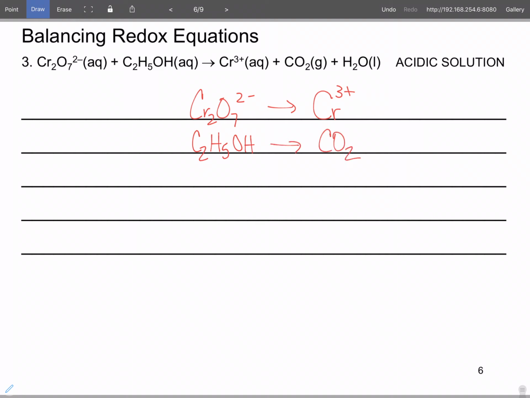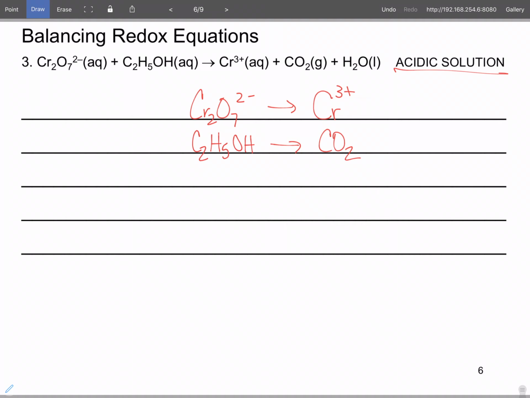Now, if you look at it, there's water in there, and it's an acidic solution. I'm going to leave the water alone. I'm pretty sure it's going to go in the second one, but I'm not 100% sure, so I'm not going to do that. Again, it doesn't matter which order you do it in. In this particular case, this carbon one is going to kind of turn out to be a pill. Let me warn you on that one.